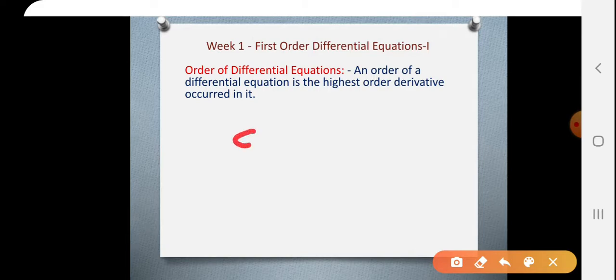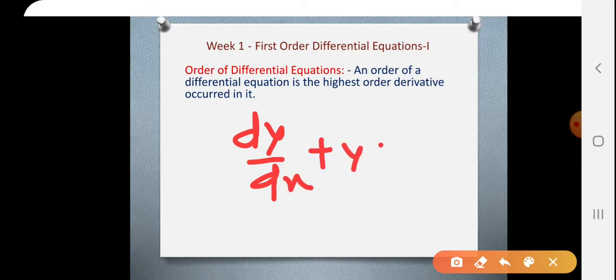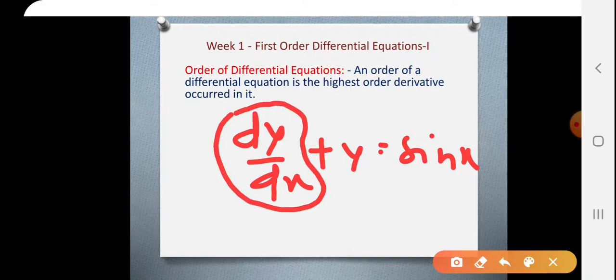Means if I have dy by dx plus y is equal to sin x, then this is our differential equation because a derivative occurs in it. Equation means equality sign. So here this dy by dx is the first order derivative. So the order of this differential equation is 1, first order.